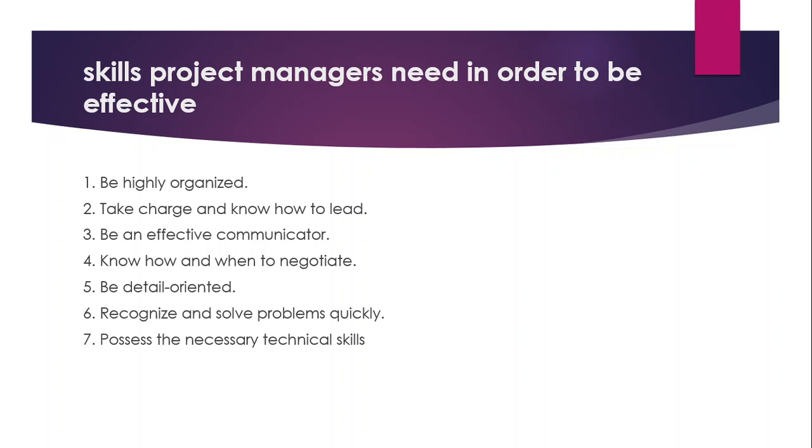Number seven, possess the necessary technical skills. Just like we're saying, if the project will involve developing an application or a system, it doesn't mean that you need to know how to code from A to Z, but at least have the basic knowledge or some technical skills of what is happening so you can read about it and all that.